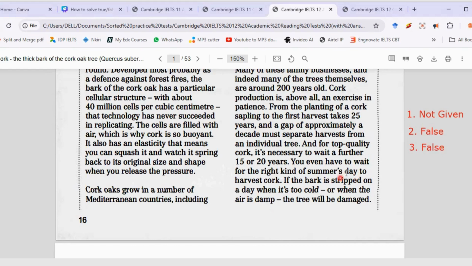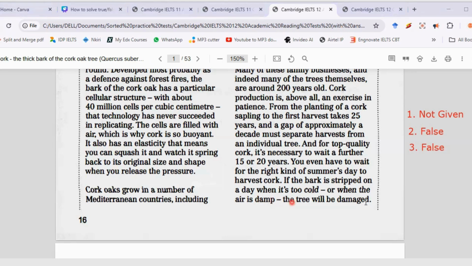Summer means it's hot; that's one distinguishing feature of summer. If the bark is stripped on a day when it's too cold or when the hair is damp, what is the meaning of damp? Damp means that the hair contains a lot of water. So you see that we are seeing a contradiction now.